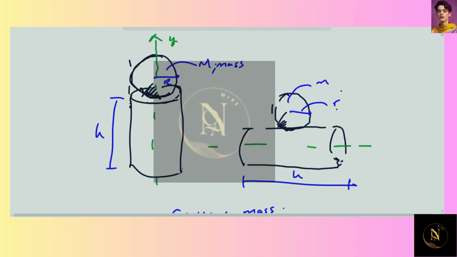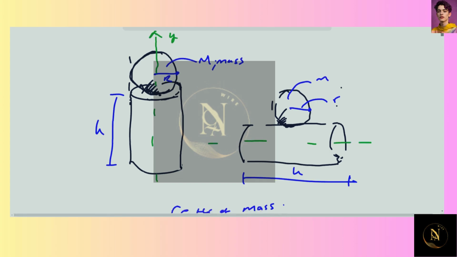So the y center of mass is the same as m1 y1 plus m2 y2 over the sum of the two masses together.